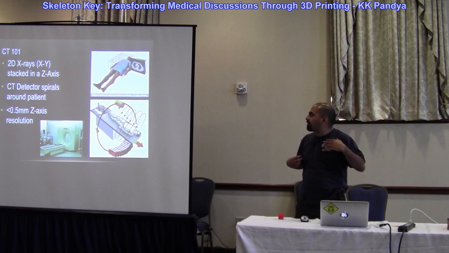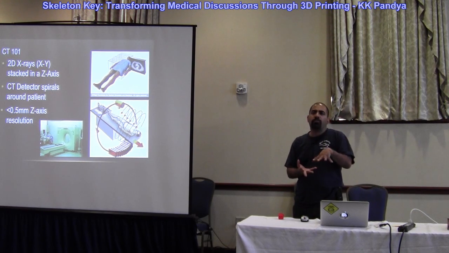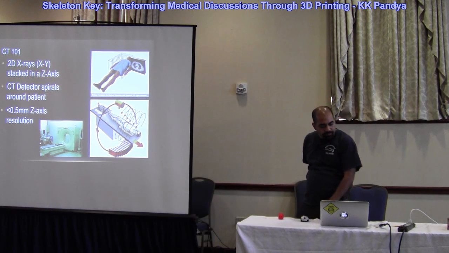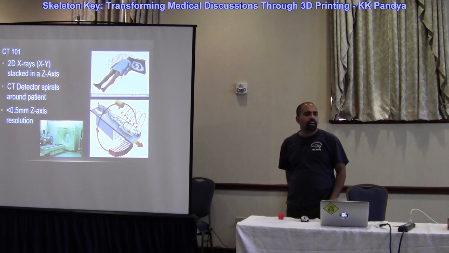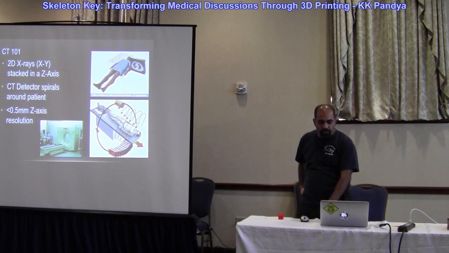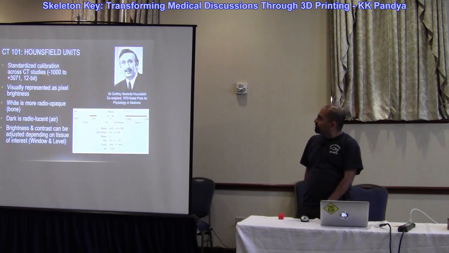Those get assembled in a DICOM file, and you can get decently high resolution with those. I know for studies of a sinus, those can be slices at about a 0.5 millimeter thickness. So from a 3D printing perspective, it's a workable resolution for building stuff with a 3D printer.